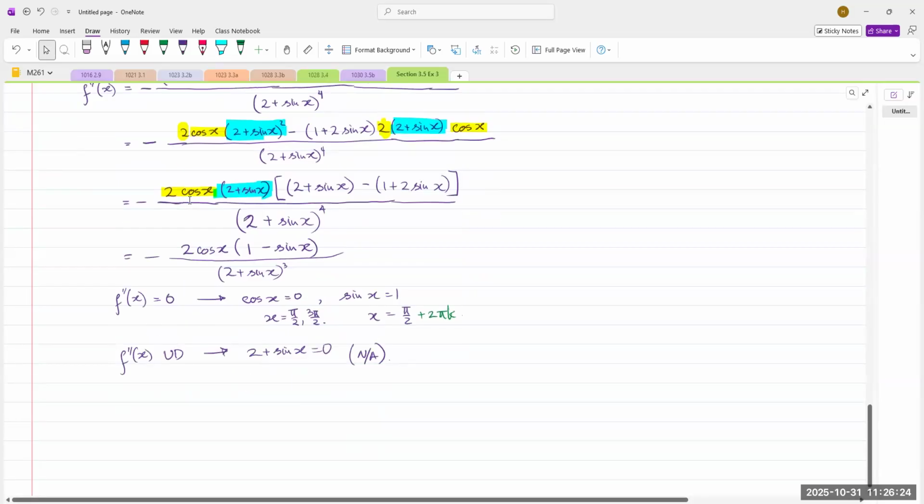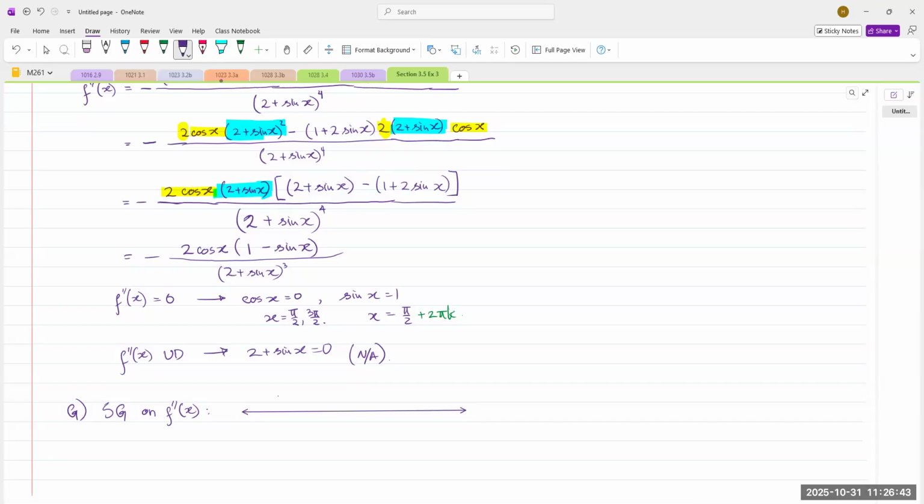Now with that then we can sketch the sign graph on the second derivative. Let me just do it here. Okay, from 0 to 2 pi, let me give myself some big space.